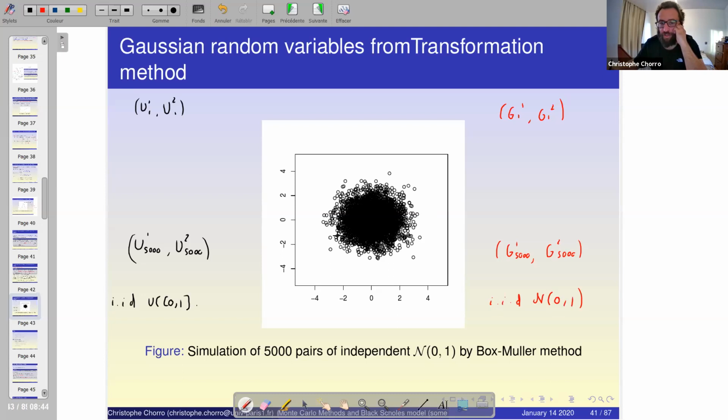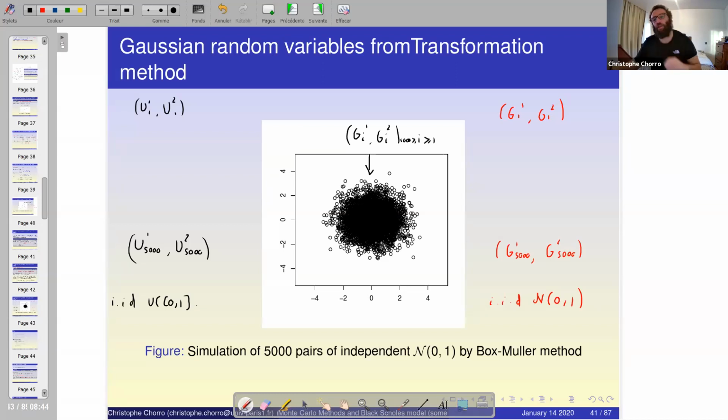What I have plotted here is (G_i1, G_i2) for i between 1 and 5000.